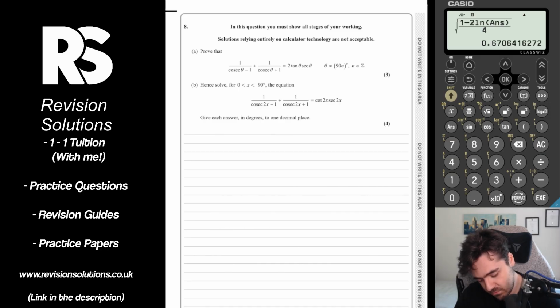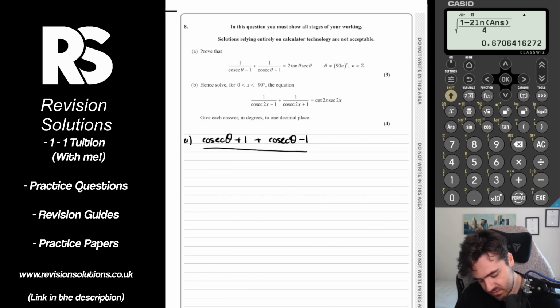So doing that, if we cross-multiply, we would get cosec theta plus 1 plus cosec theta minus 1. And then on the bottom, we're actually going to be multiplying the difference of two squares in a way.